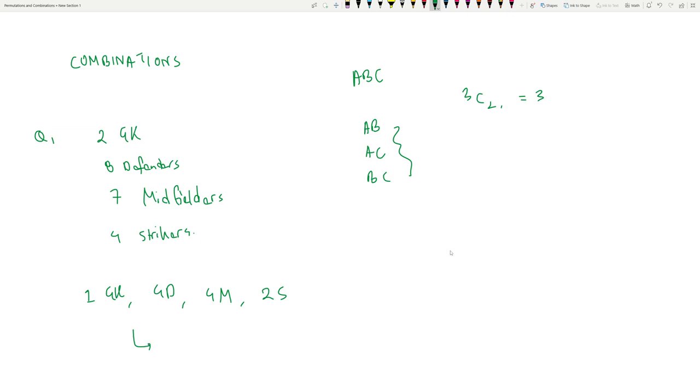So you have to make a setup for this. Select a team. If you see the word select, that usually refers to combinations. So 2C1 times 8C4 times 7C4 times 4C2. This is your answer. That's very basic, easy as that. This is the most basic question that you'll face.